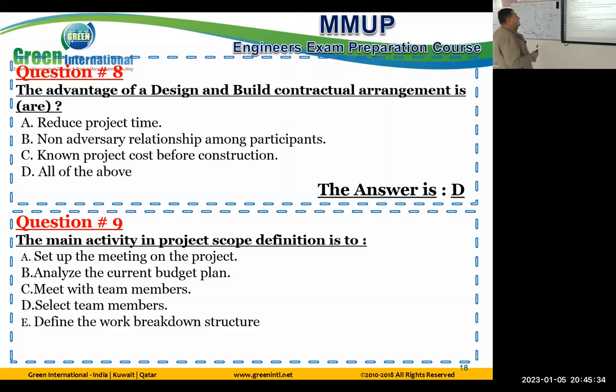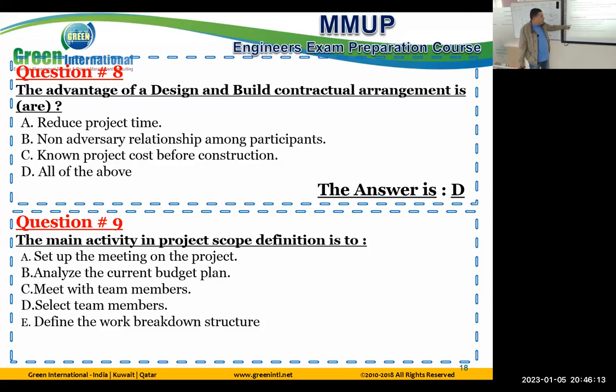The first thing is to divide the scope definition, since you already have the scope defined. Let us go into a particular part where you are going to understand what you are going to do 100%. Scope definition, scope defined already. Go to definition, more detailed. Set up the meeting: it's not related.